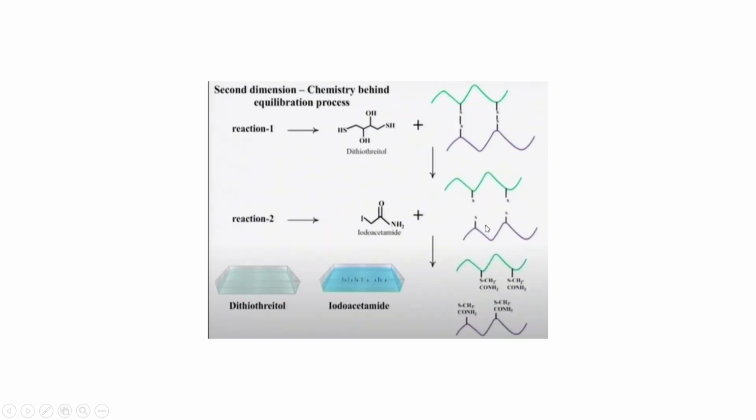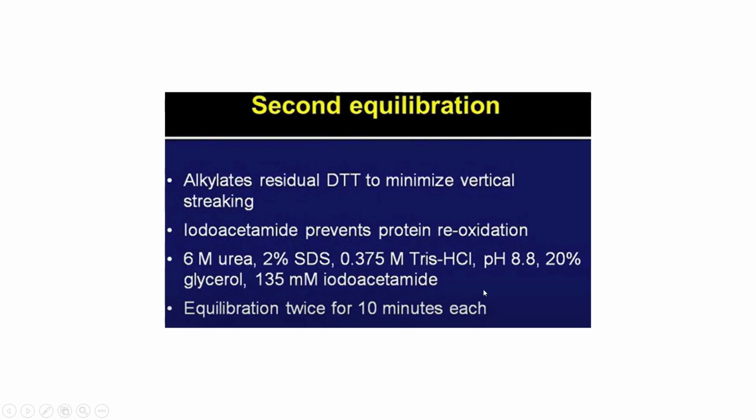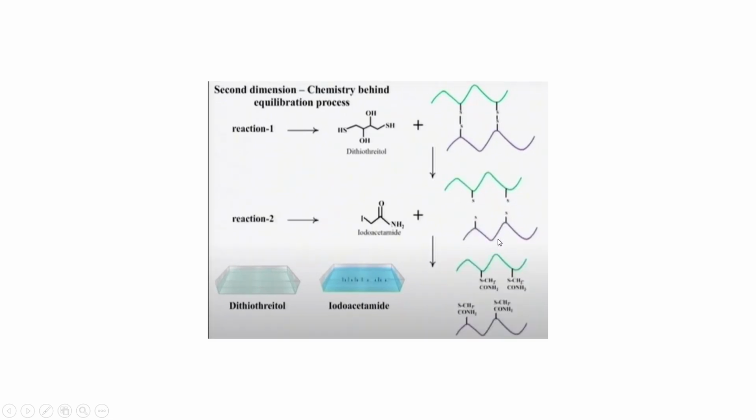And in the second step, those specific proteins will have a specific group attached to them, that is iodoacetamide. This basically will prevent the protein from reoxidation. So if it is reduced, if it is separated, once we add this specific group, it will not join again, right?